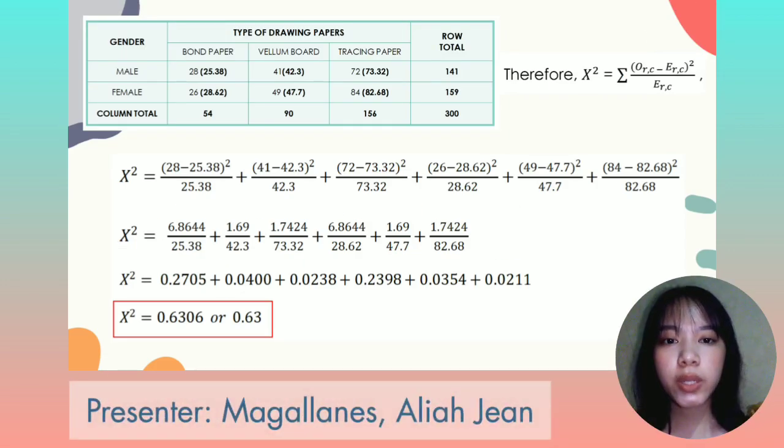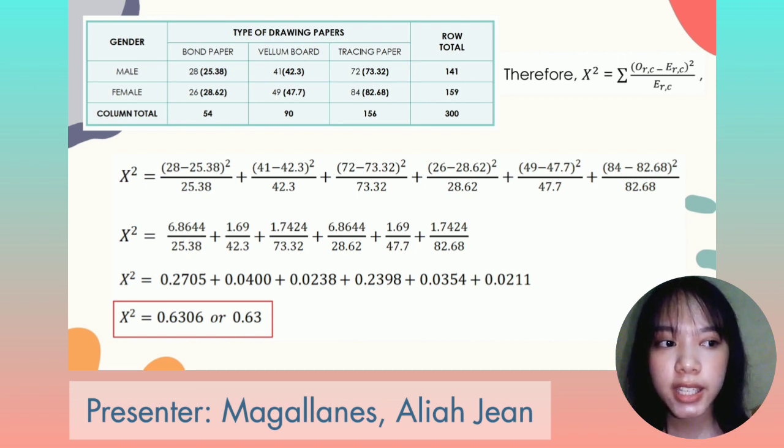And now, we will proceed with the next formula, which is x squared equals the summation of the observed frequency of each row and column minus the expected frequency of each row and column, squared, over the expected frequency for each row and column.